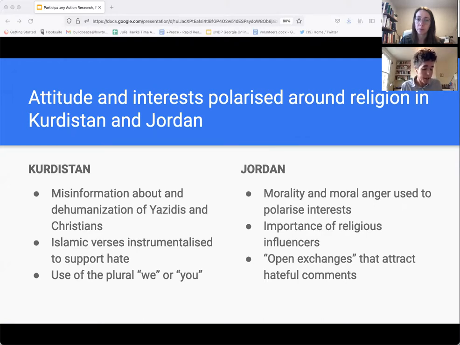Again, identifying this tactic to fuel polarization informed the content strategy of the interventions of two of the teams in Jordan. One team is intervening to raise awareness of the importance of creating safe comments on Facebook, especially those related to the posts of media actors and religious actors that drive polarization. And another team noticed that commenters on social media invoke freedom of opinion and expression to justify hate speech. And so they're running a content strategy addressing this particular issue.